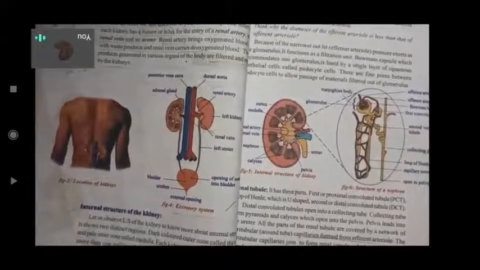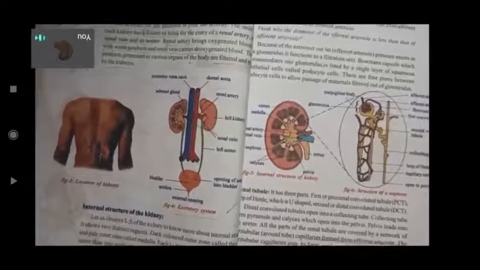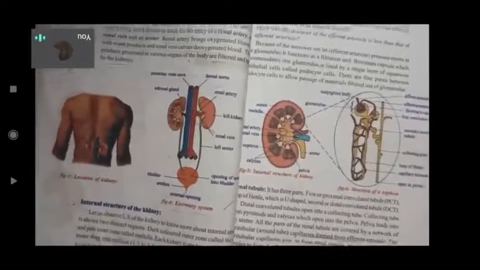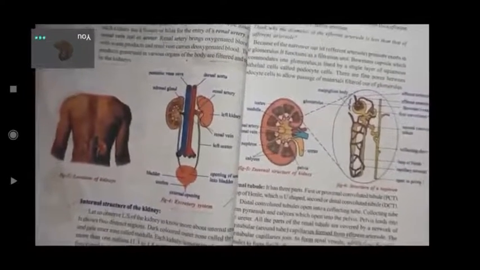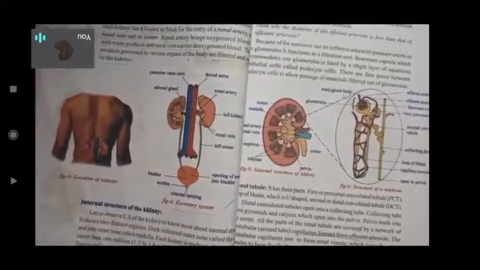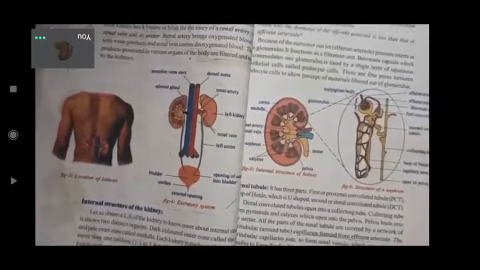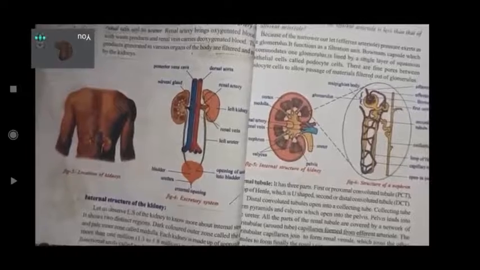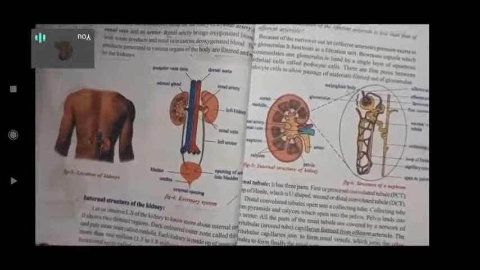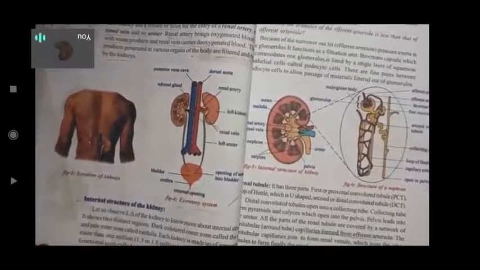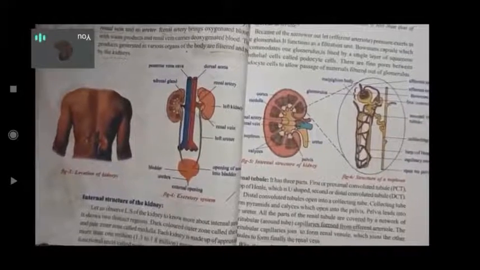All the veins which are attached to the kidneys are called renal veins, and the arteries are called renal arteries. So renal veins are veins that drain the kidney, and they connect the kidney to the inferior vena cava.